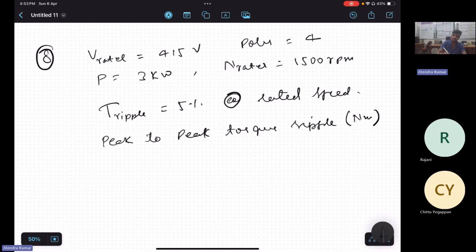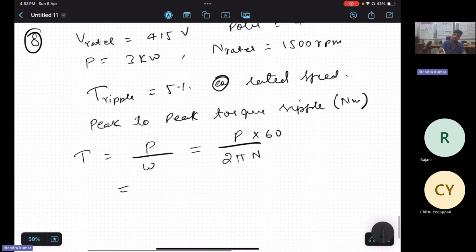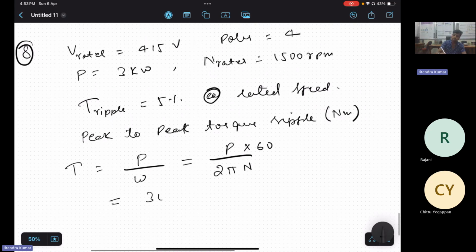Torque times omega is equal to power, so torque will be power by omega. Omega is nothing but 2 pi n divided by 60. Power is 3 kilowatts, so 3000 into 60 divided by 2 pi into RPM, which is 1500.